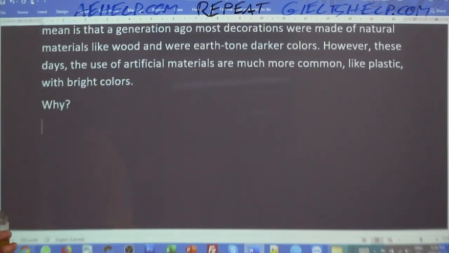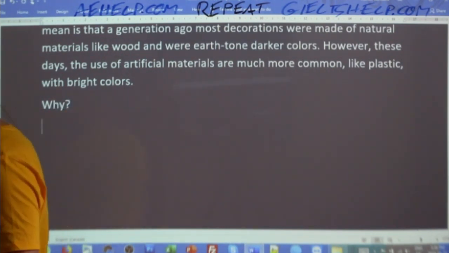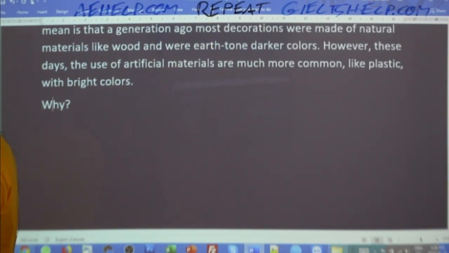Students, a really good strategy to get a better band score, when you have the follow-up question why, don't forget that this is still continuing with the present perfect grammar.